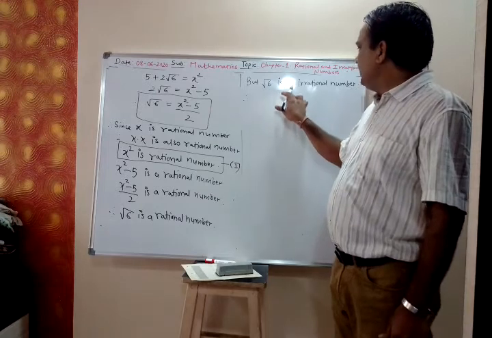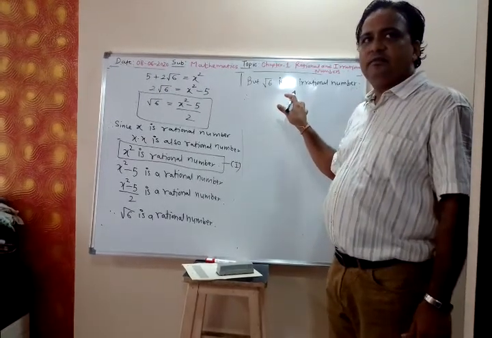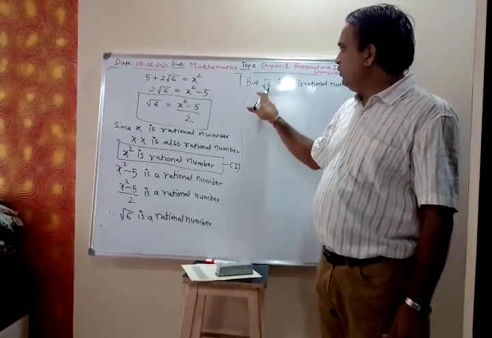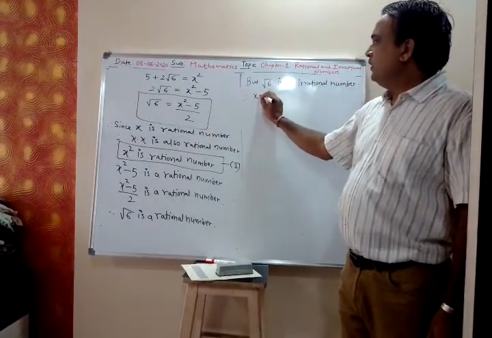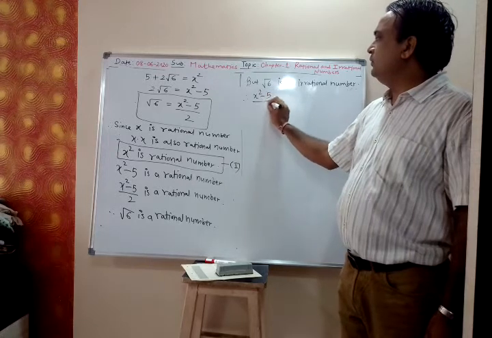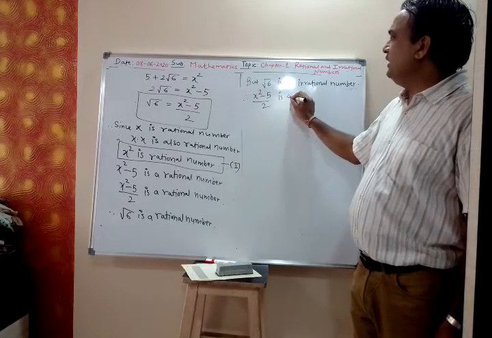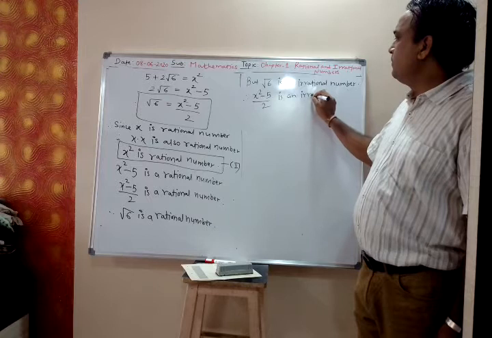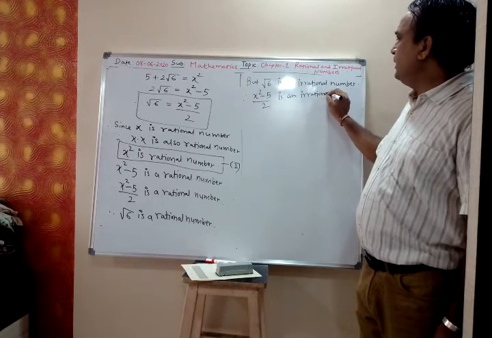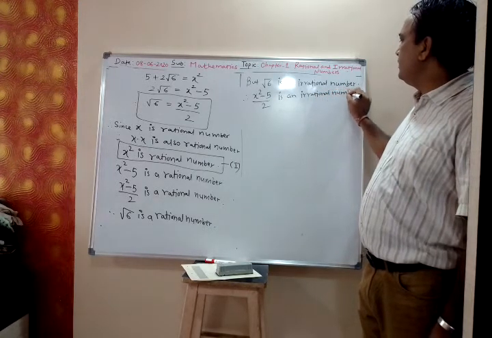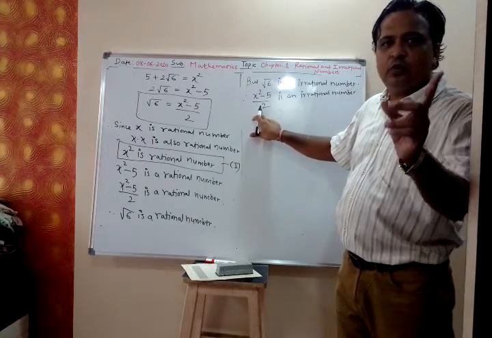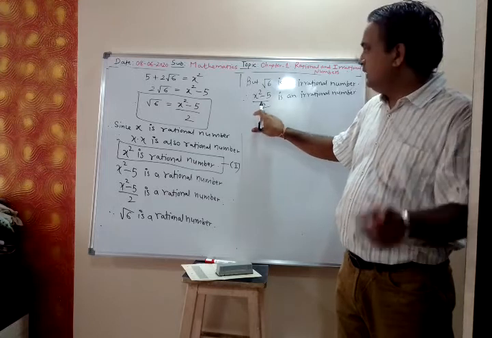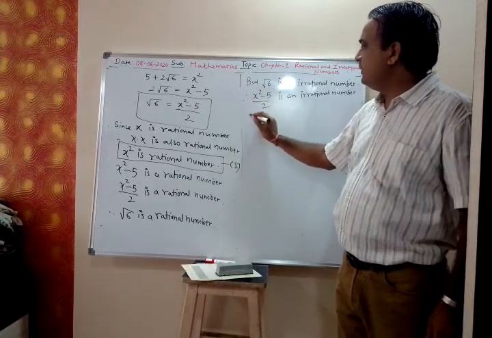Root 6 is an irrational number. But what is root 6? x square minus 5 by 2. So x square minus 5 by 2 is an irrational number. But 2 is not irrational, that means this part is irrational.